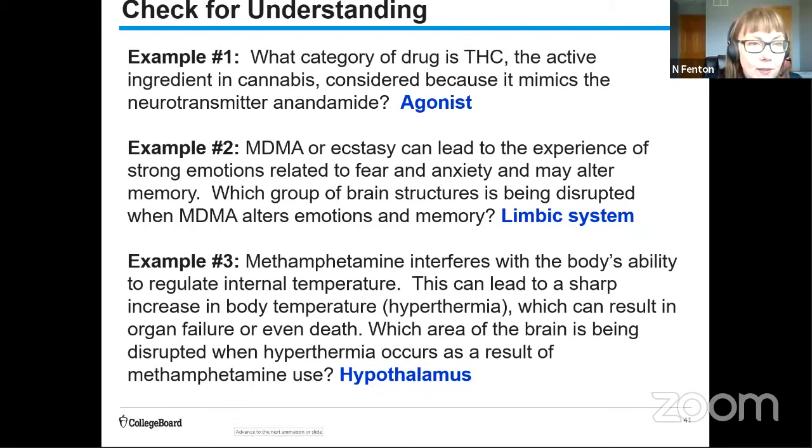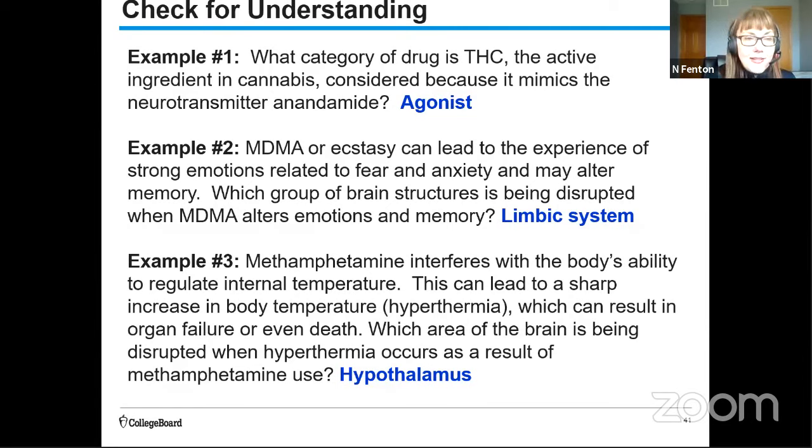So what category of drug is THC? Yes, it's also a hallucinogen. So if that's the first thing that popped into your mind, that would also be a category. But because it mimics a neurotransmitter, that makes it an agonist drug. Now, ecstasy can lead to these experiences of strong emotions like fear and anxiety, may disrupt memory. That's referencing potentially the limbic system.